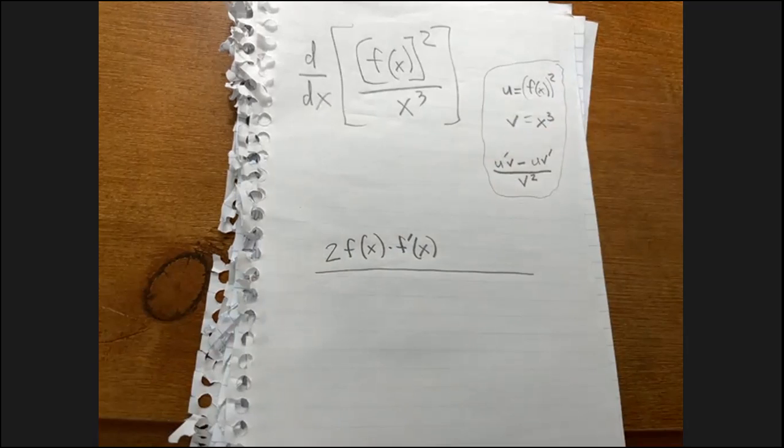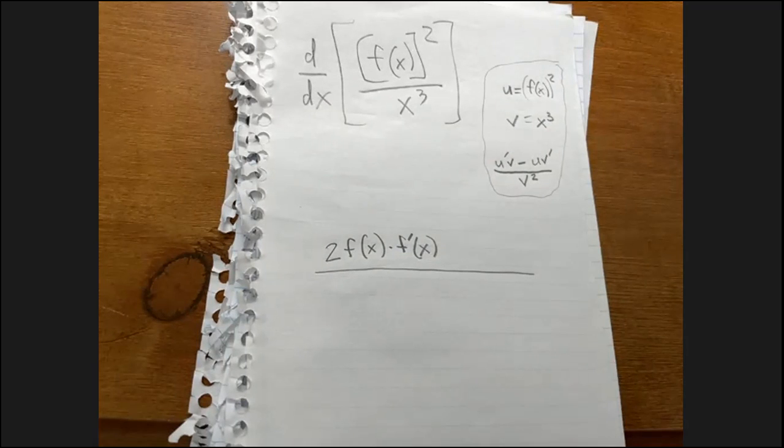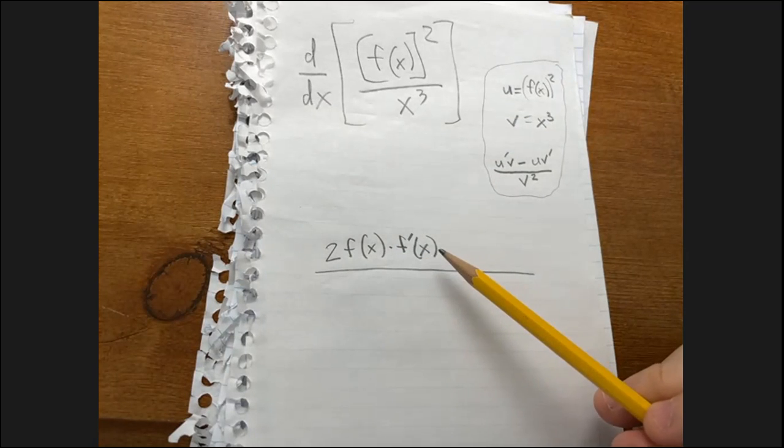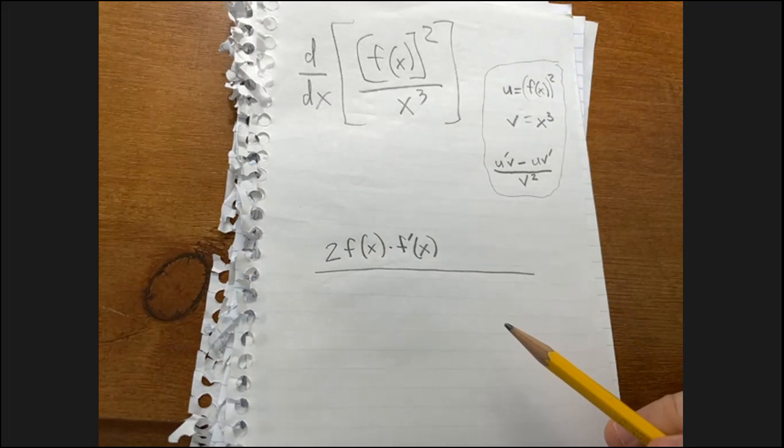You guys see why I have to multiply it by f prime? It's the chain rule for one thing, but I'm taking the derivative with respect to x. So of course, there's going to be some part of this that involves f prime of x.